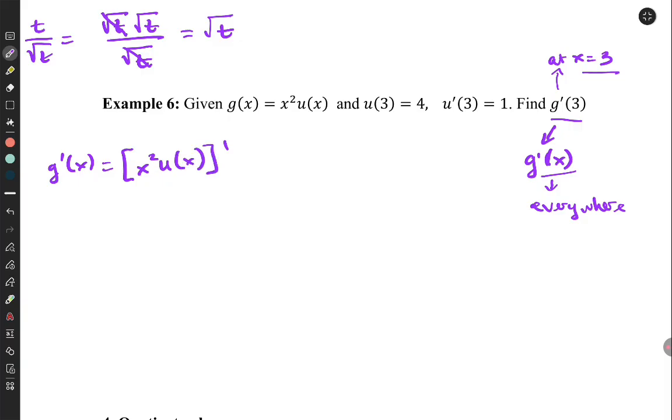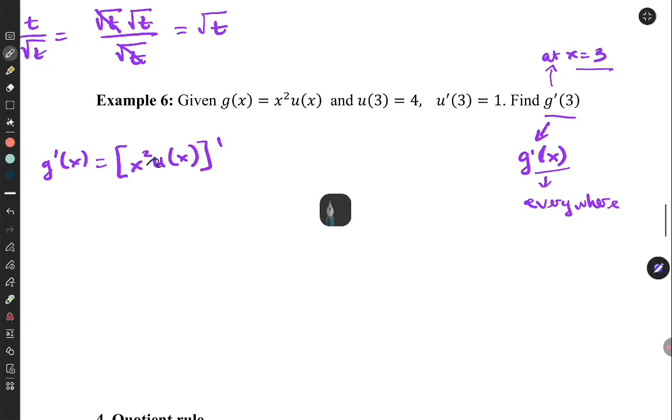Apply the product rule, because clearly we see that this is a product of two functions. The first function is x squared, and the second function is u of x.